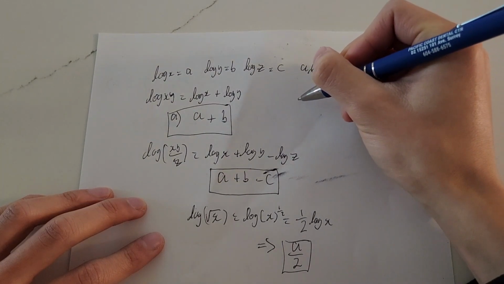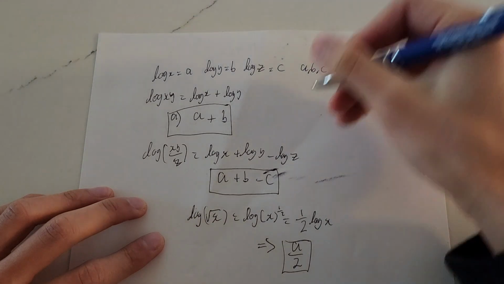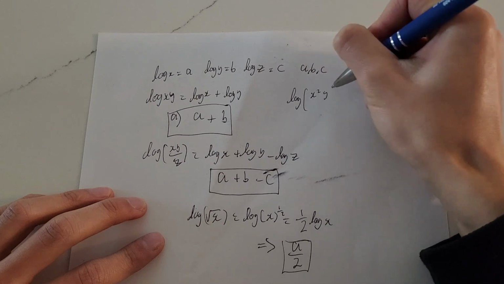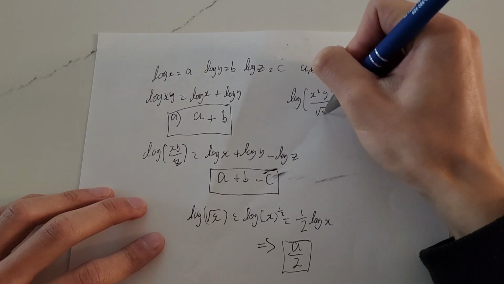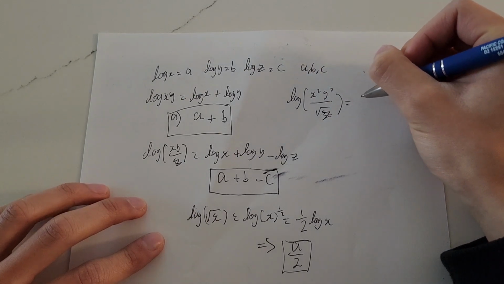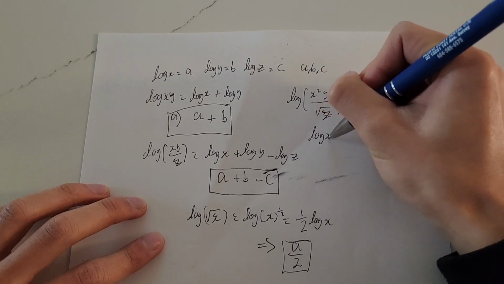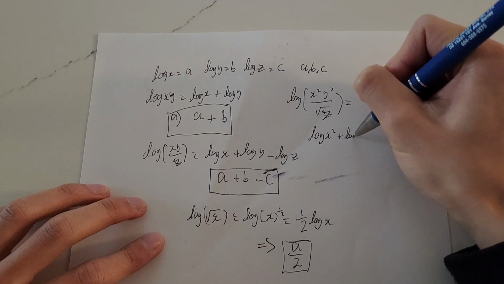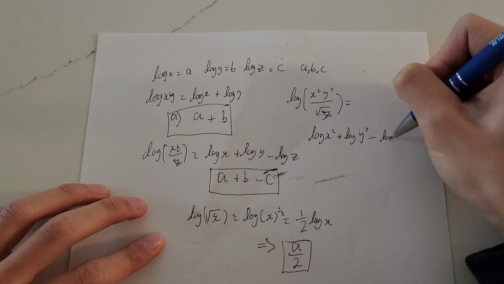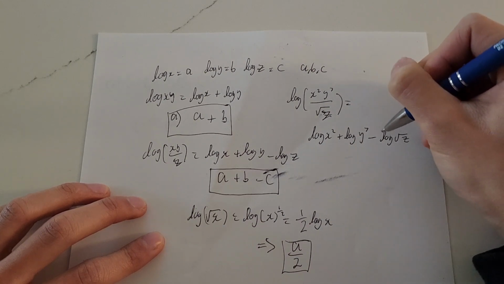All right, and we can work on some even more examples. So we have log of x squared y to the 7th over the square root of z. So what is this also equal to? Well, according to the quotient rule, this is log x squared plus log y to the 7th minus log root z. All right, and we can rewrite this algebraically.